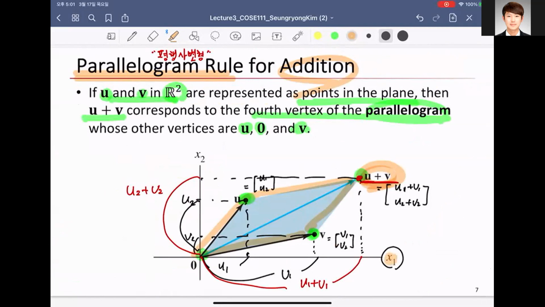When you consider the first entry as one axis and the second entry as another axis, in our two-dimensional case, vector u plus vector v is going to be the fourth vertex of the parallelogram whose vertices are defined by 0, u, and v.